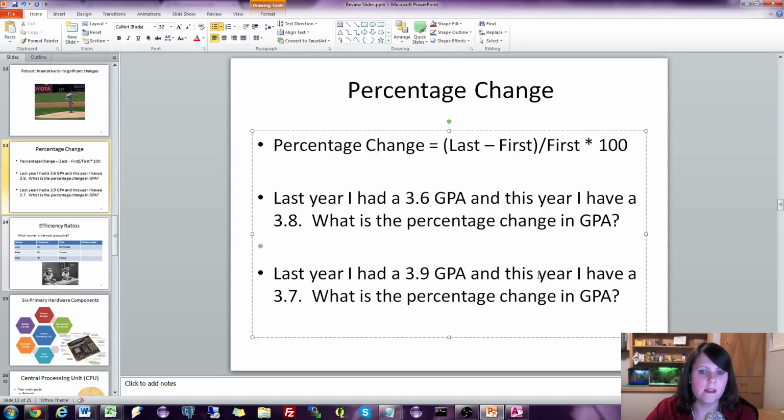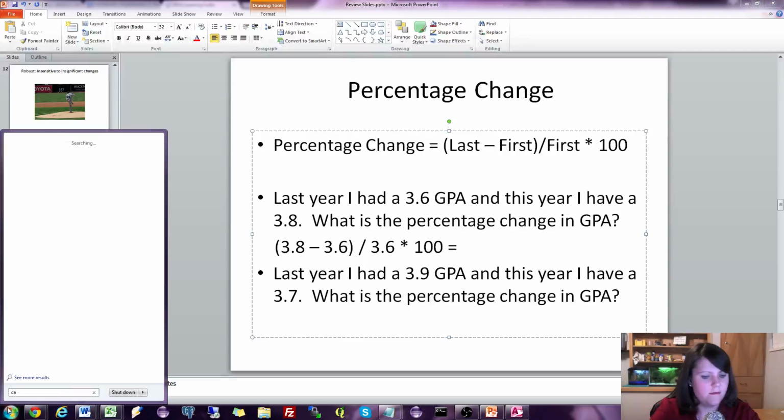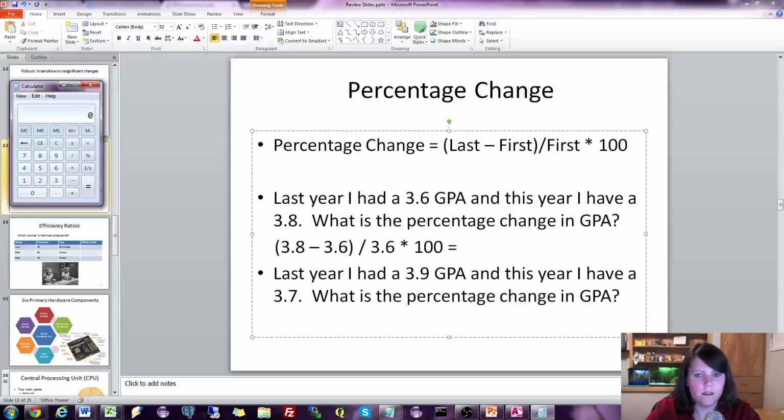So quick example, I'll just do the one that we did in class. Last year I had a 3.6 GPA and this year I have 3.8. What's the percent change? So this year, that's the most recent one, the last one, 3.8 minus the first one, 3.6 over 3.6 times 100. And if I run that, what's it?